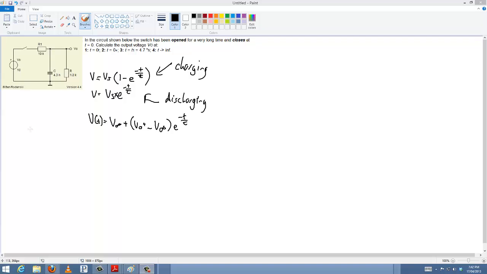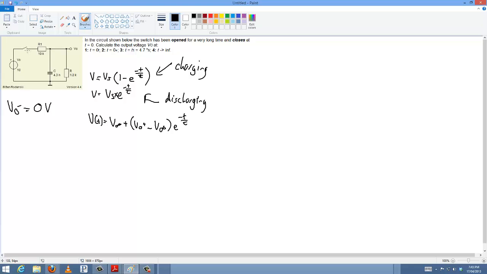But basically what we're looking at here is charging capacitors in an RC transient circuit. It's been open for a very long time, so this has become an open circuit. The capacitor has not been charging, so at V0 negative, just before it closes, there's no voltage across the capacitor, so at V0 the voltage is 0 volts.